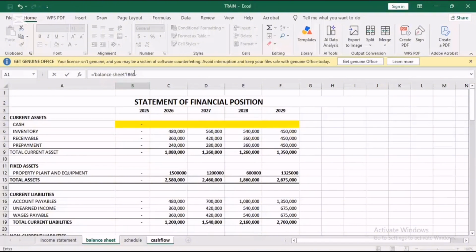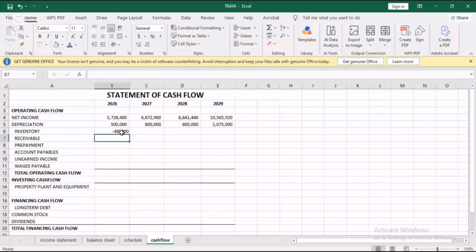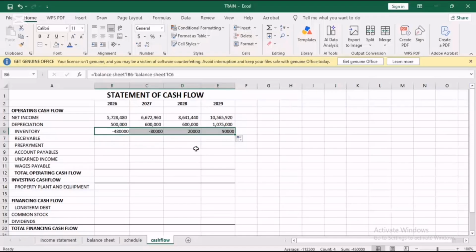Minus, right? Let me take away the pop-up. Then minus the next year's, which is 2026. Let's hit enter. You see that it's negative actually, because the cash is not ascertained. So now let's format it to be the way we need it to be.